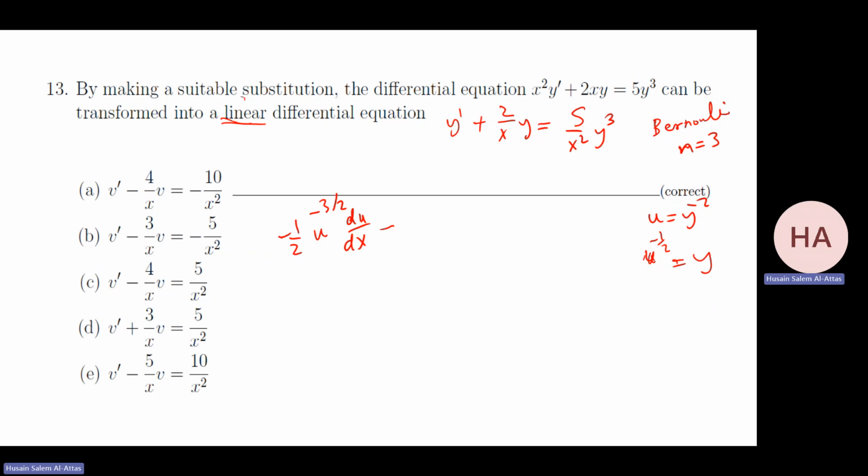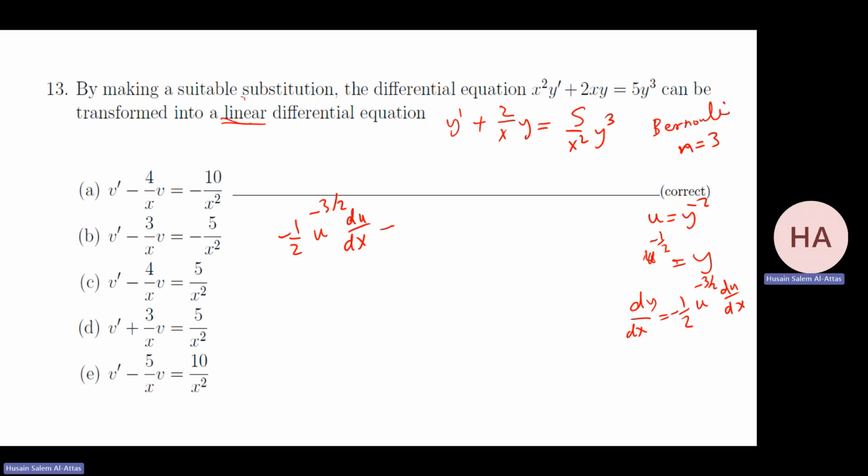Okay. u equals y to the power 1 minus 3, which is minus 2. Now take it to the power minus half. So dy over dx will be equal to minus half u to the power minus 3 over 2 du over dx. Correct.